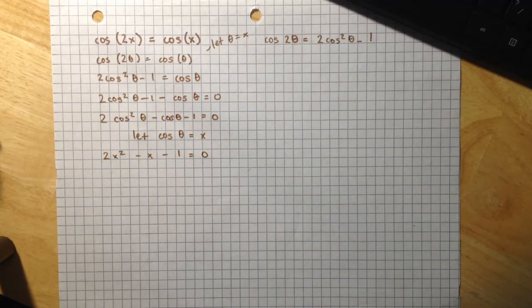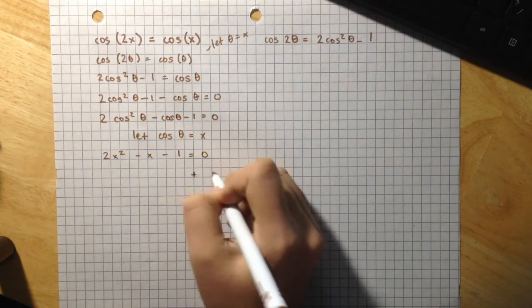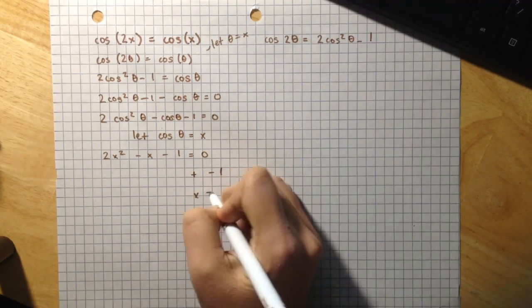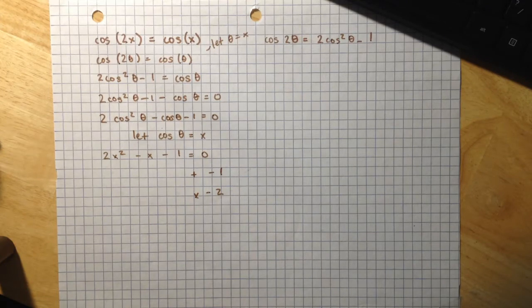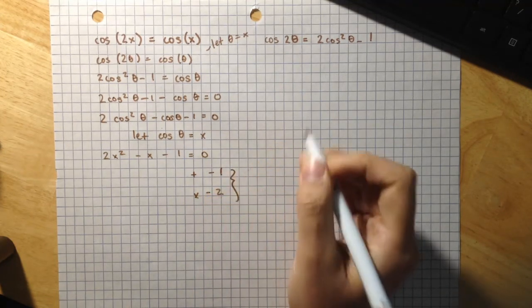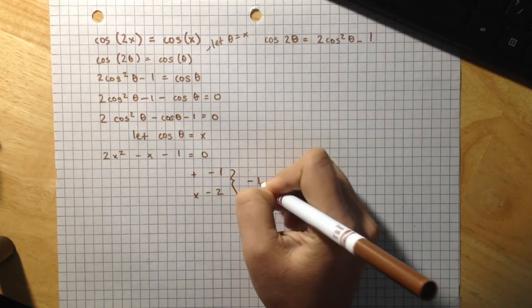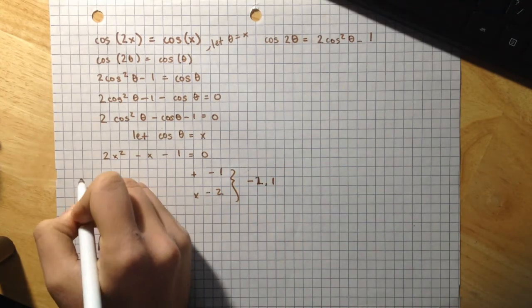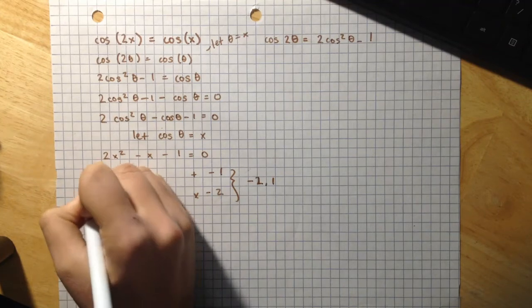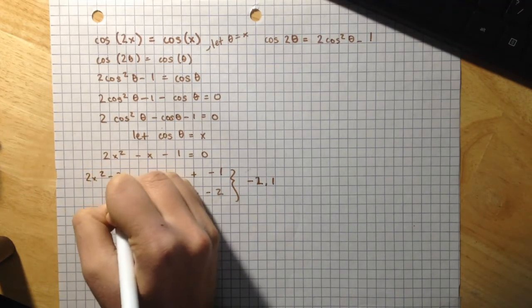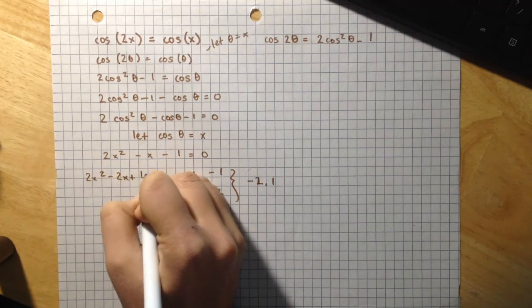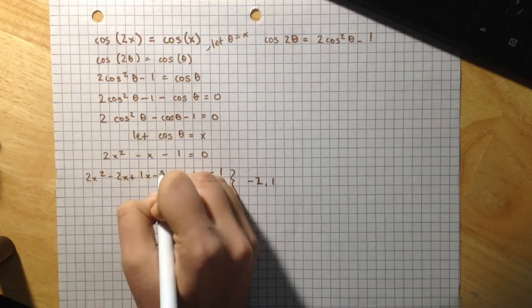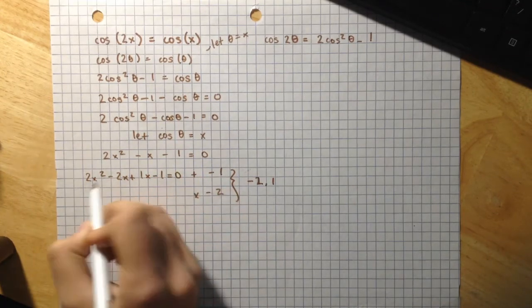So we have to find two terms that add to equal negative 1 and multiply to equal negative 2. Those two terms are negative 2 and 1. So we rewrite this equation as 2x squared minus 2x plus 1x minus 1 equals 0.